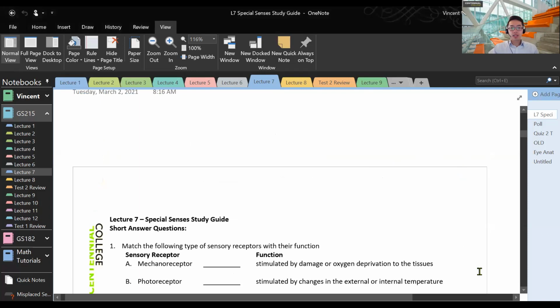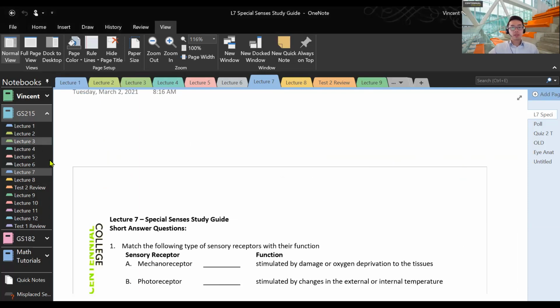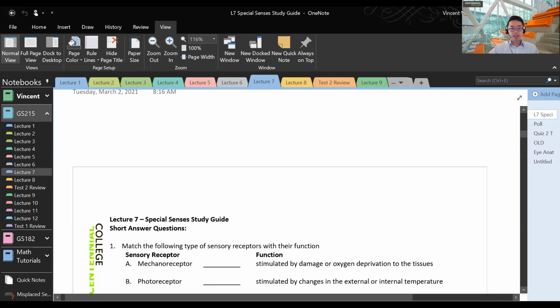Match the following type of sensory receptors with their functions. Oh, sorry, seems like my pen's not working.